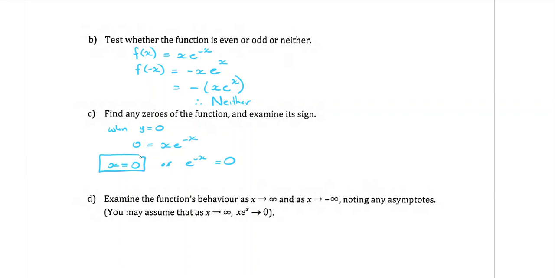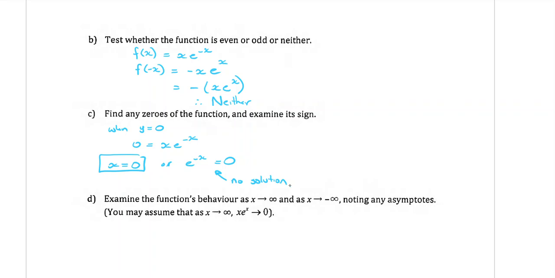How do I solve this? Then you might think about doing a sliding base, but think of the graph of e to the negative x, can that ever equal 0? No, there's an asymptote there. So there is no solution. Okay, so there's only one 0 and it's this one.